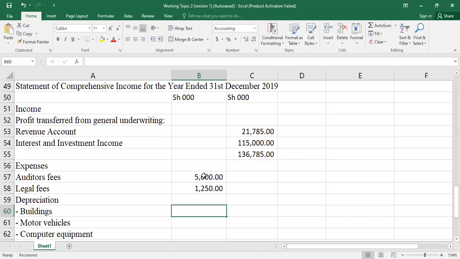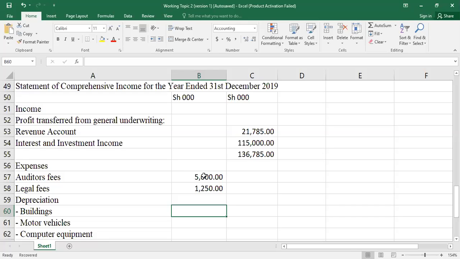And the value of the motor vehicle, the value of the building is 327,500. I'm waiting for the depreciation figures.